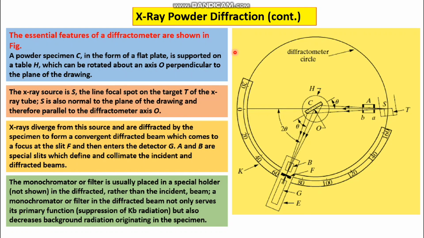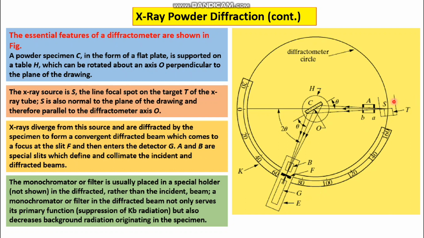Moving towards the instrumentation part of the XRD, we have the source of X-rays, a sample with sample table C, and a detector G. The X-ray source is parallel to the diffractometer axis O, and the source and the detector make an angle 2 theta with each other, and they both are movable.